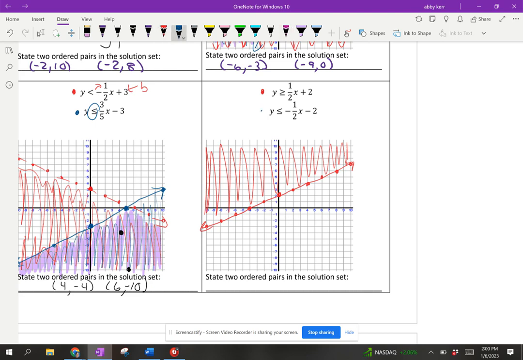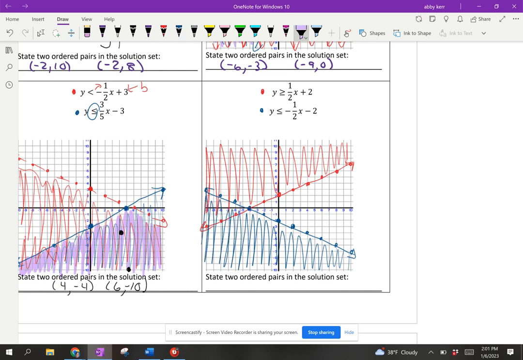And then the next one, you're going to begin at -2 because that's our y-intercept, and then down 1, right 2. And you're going to do that until you run out of space. Now it's less than or equal to, so equal to makes it a solid line. And then less than is below.